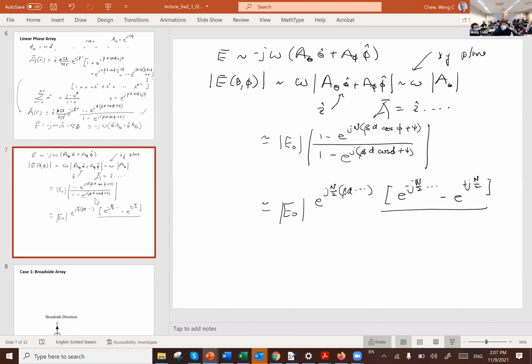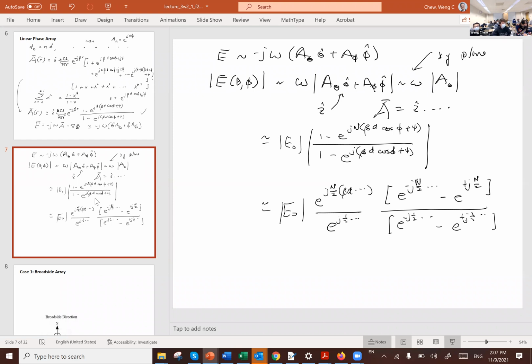I do likewise for the denominator: half exponent inside, and then half exponent outside. Can you see this kind of mathematical trick? We are going to do the process.